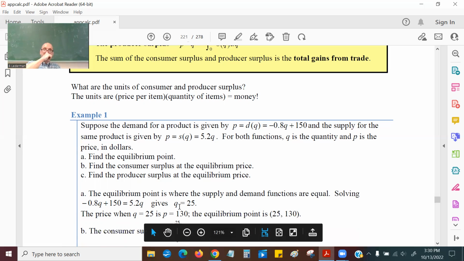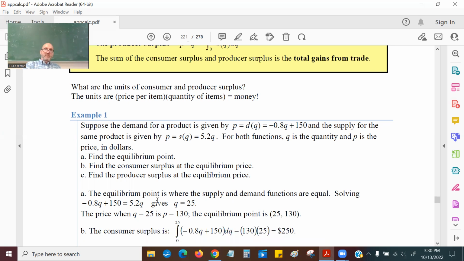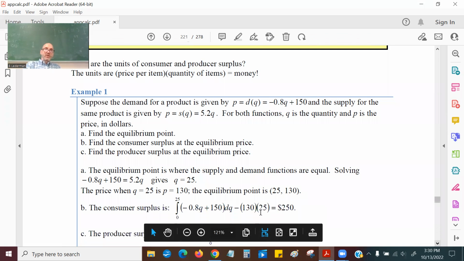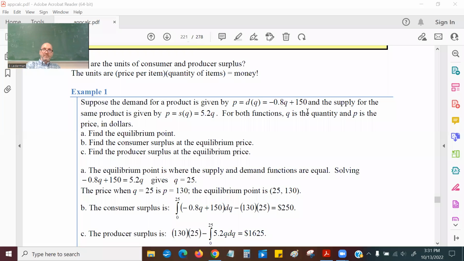Once we get Q is 25, all I got to do is take that Q and put it here and solve for P. So the price when Q is 25 is P equals 130. By the way, where do we get the 25? Where do we get the 130 from? Very simple.